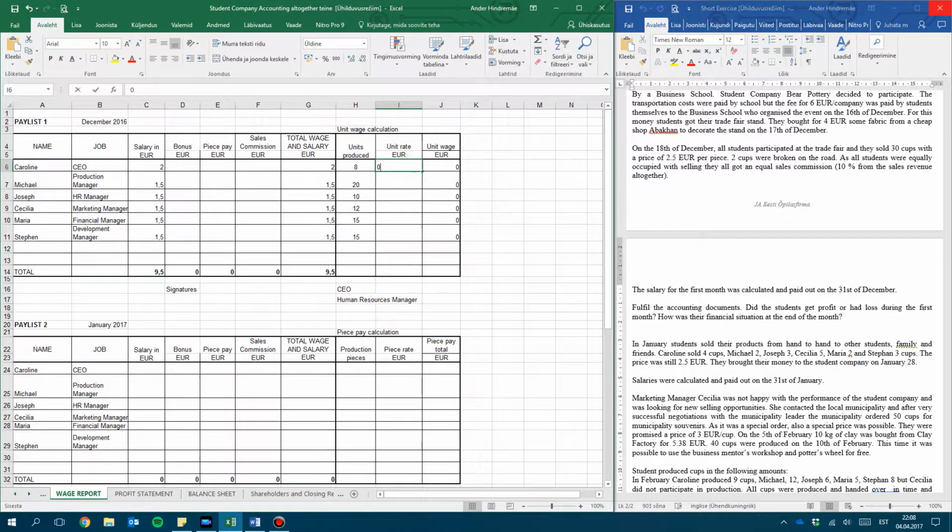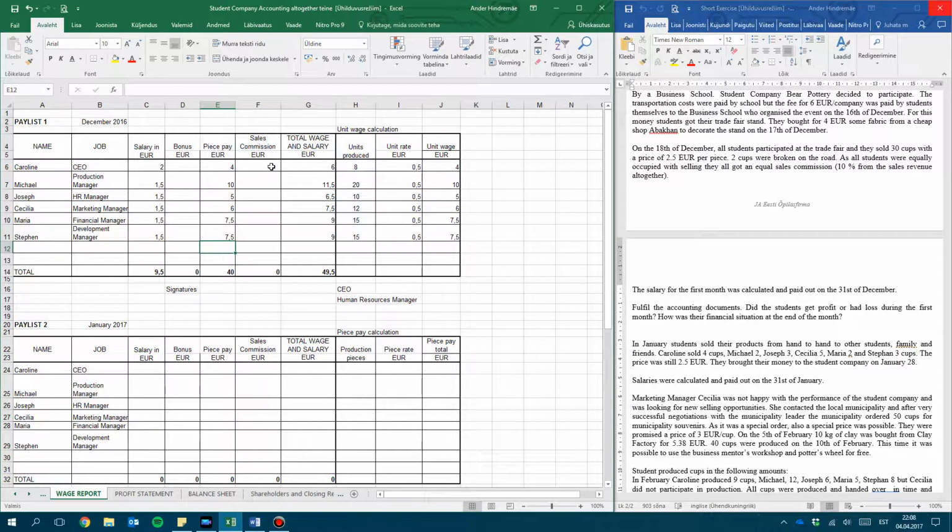The unit rate is the same for everyone, that's 0.5. I'm going to copy it quickly. And it says that Carolyn will get €4, which is the lowest. CEO has been the laziest. And Michael, who has been the most productive guy in the company, will get €10 for the production. So I'm going to copy these things over here. Doesn't work. Let's add them manually then. 4, 10, 5, 6, 7.5 and 7.5.